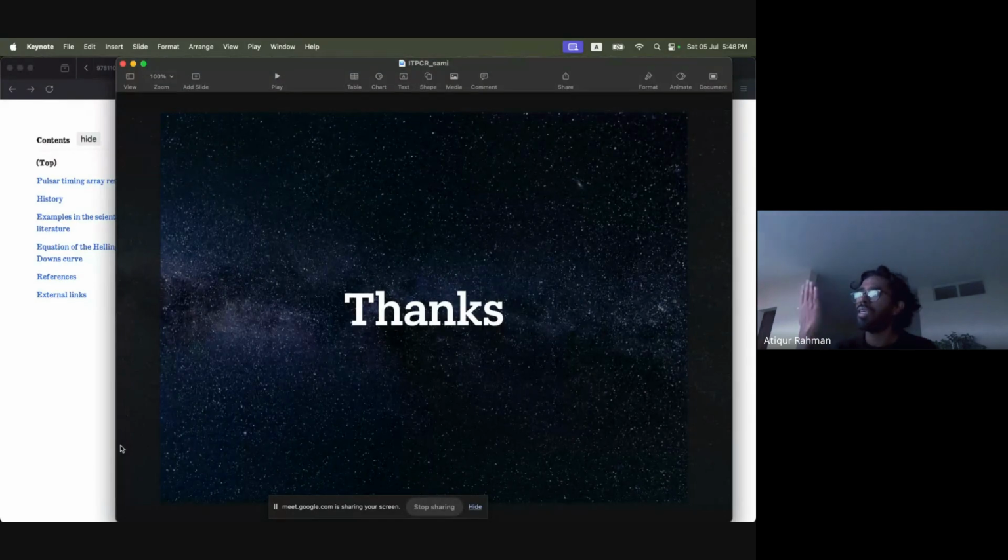Whenever a pulse from a certain pulsar comes and hits, it registers the characteristic pulse, and it gives the data that this is the universal time when this pulsar hit my antenna, and when is the next one, and when is the next one? And that becomes a data set for one pulsar.